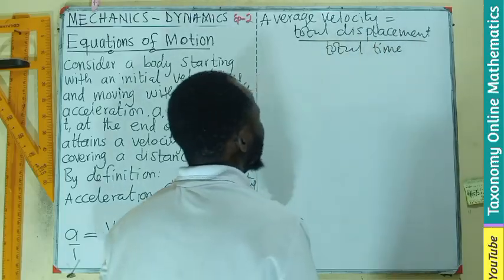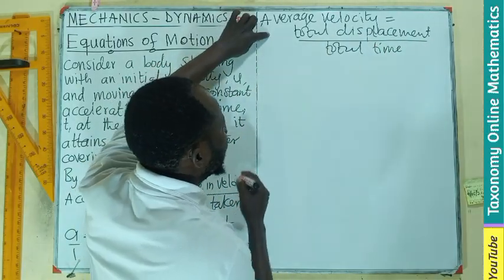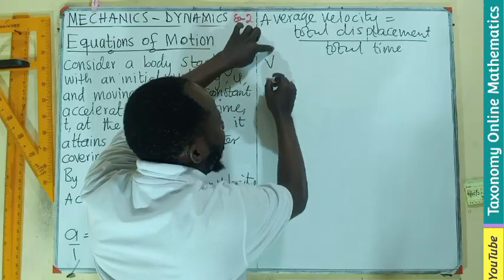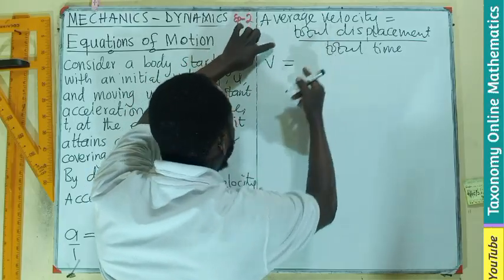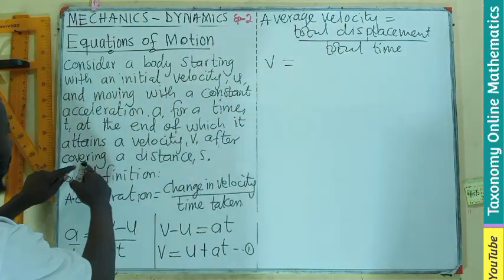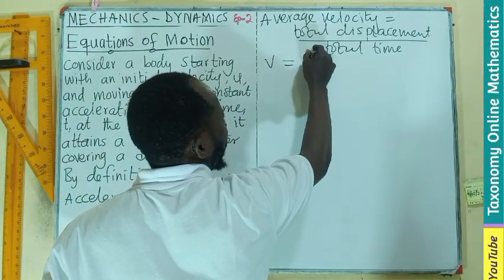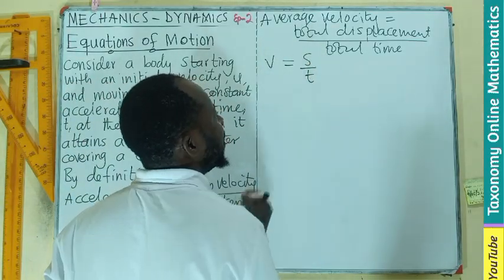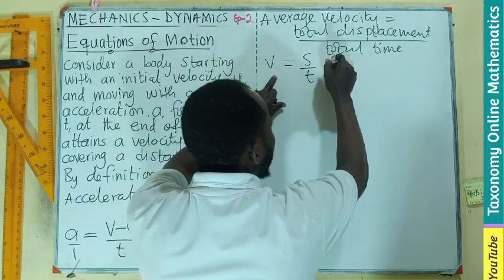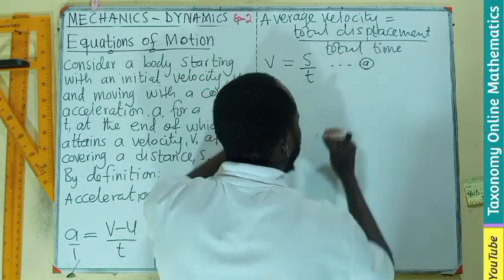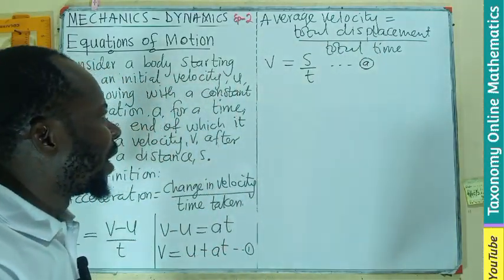So if that is the case, I can easily say that v as a velocity equals displacement, the distance covered, so we are going to have that as s divided by t. So let's label this as equation A, since we are just making use of that.